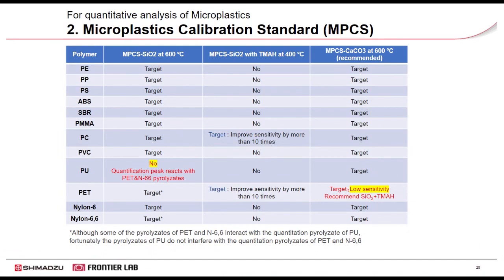In that case, for targeting PET and or PC, you can use MP's SiO2 with TMAH, tetramethylammonium hydroxide, which is an alkali reagent used for reactive pyrolysis to improve the sensitivity. Also, as shown here, with MP's SiO2, PU cannot be targeted because its quantitation peaks react with PET and nylon 6,6 pyrolysate. So in that case, if you are targeting PU, you would need to use the MP's CaCO3 standard sample.